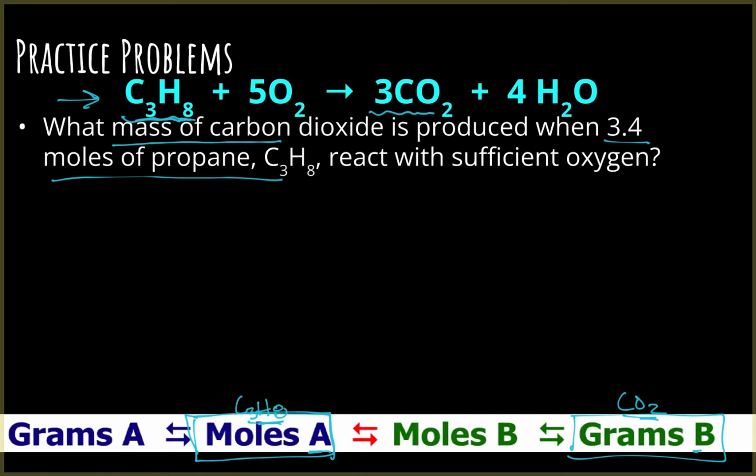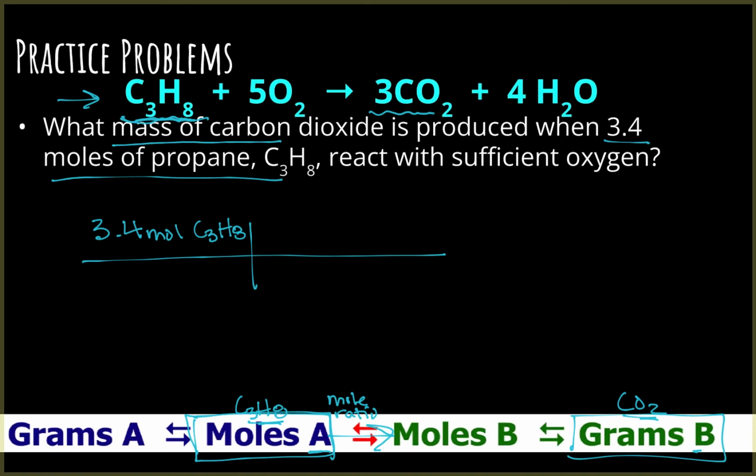Just like always, I'm going to start this problem with what's given in the reaction or in the description. So 3.4 moles of C3H8, and then I'm getting to grams of CO2. My first step down here is to go from moles of A to moles of B. To do that, I'm using the mole ratio from the chemical equation.